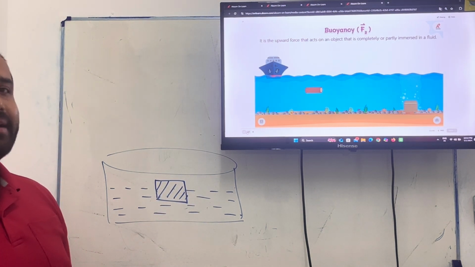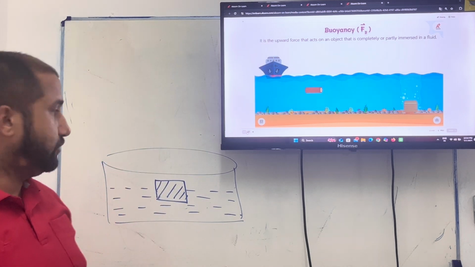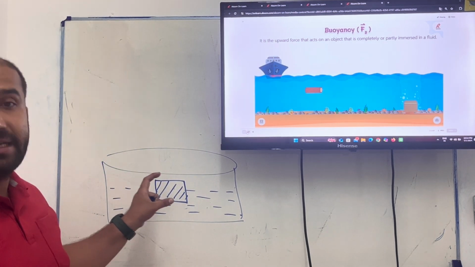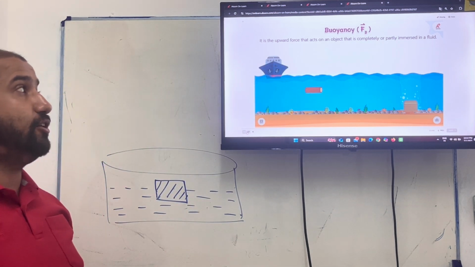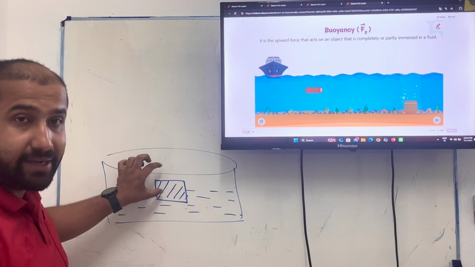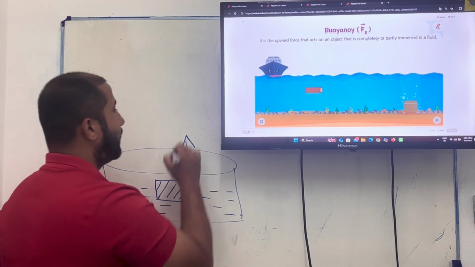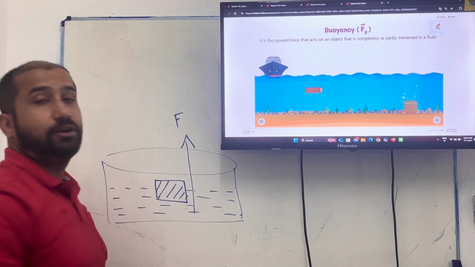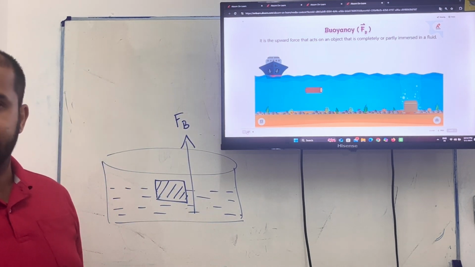It is partly immersed in the liquid. So, what is the buoyancy force? It is the upward force that acts on an object. So, as soon as it goes down in the liquid, it will experience an upward force. This force is called buoyancy force.